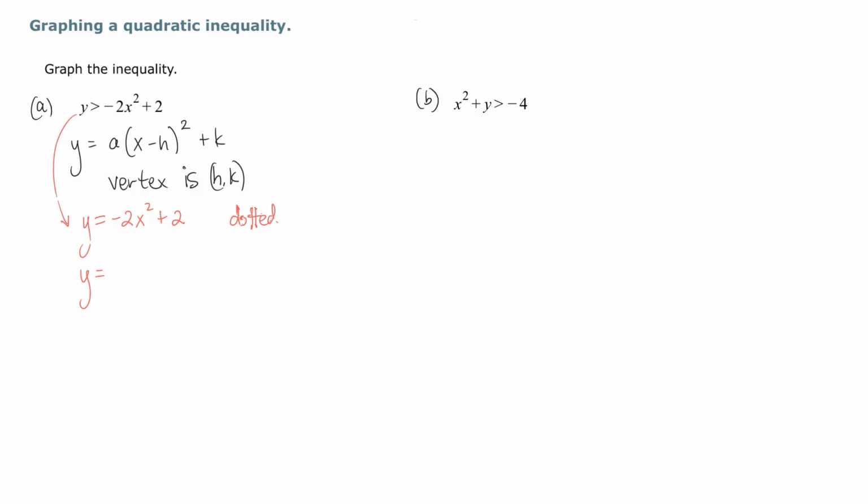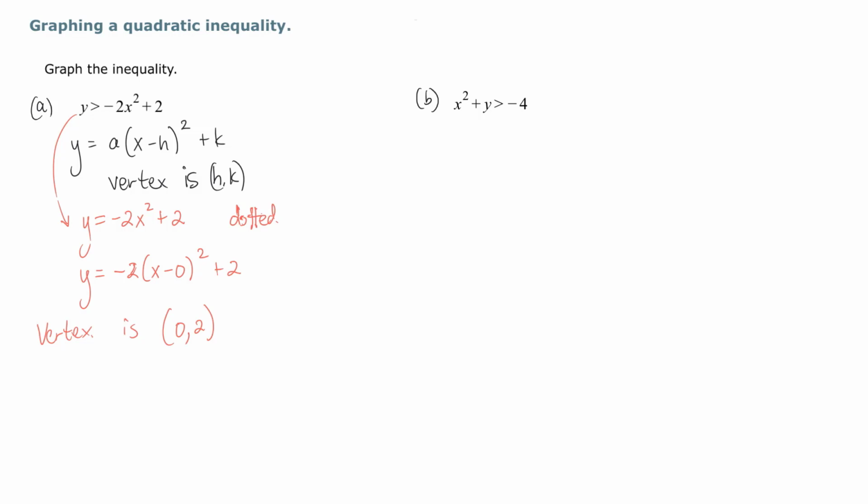And we can see that little a is negative 2. I'm going to factor this out. And we have x minus 0 quantity squared plus 2. So we know our vertex. Our vertex is 0, 2.